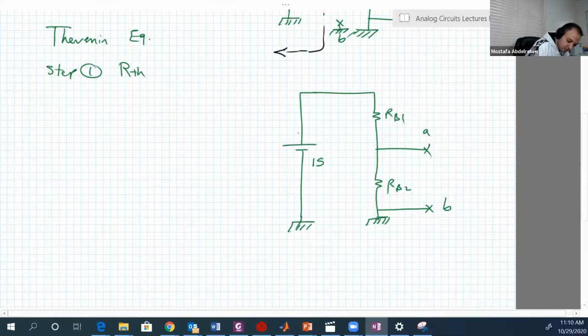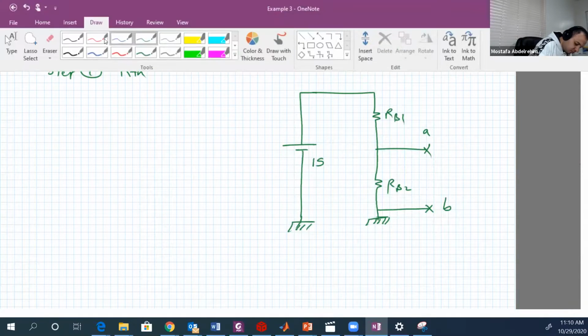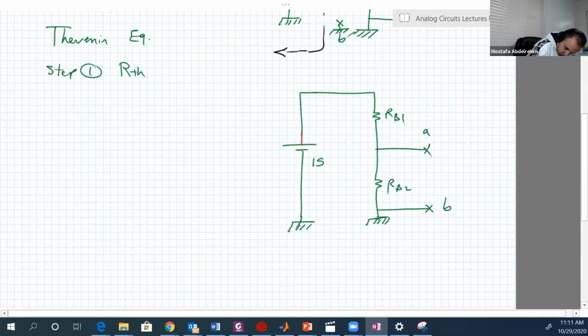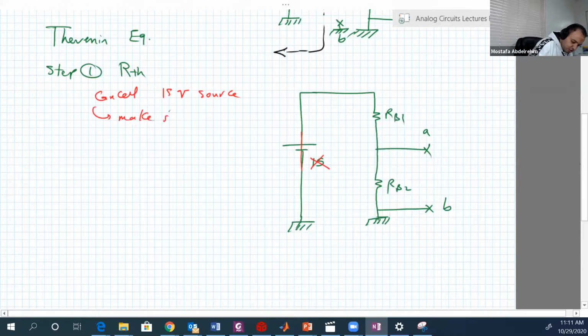So we make a short circuit across its terminals.